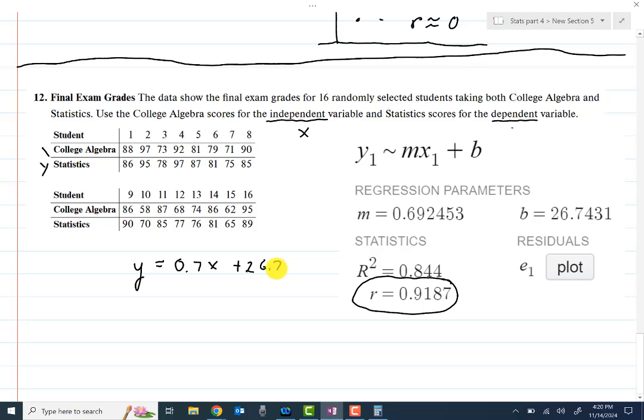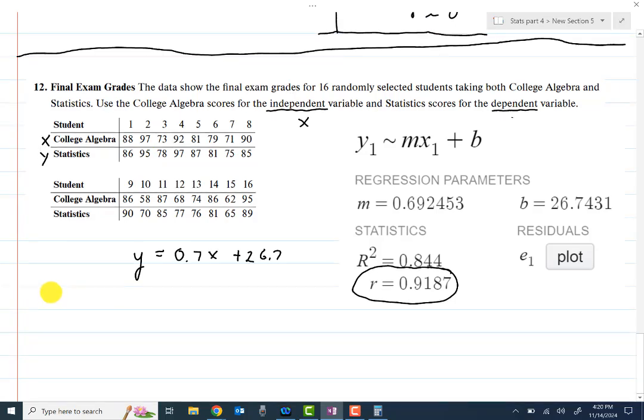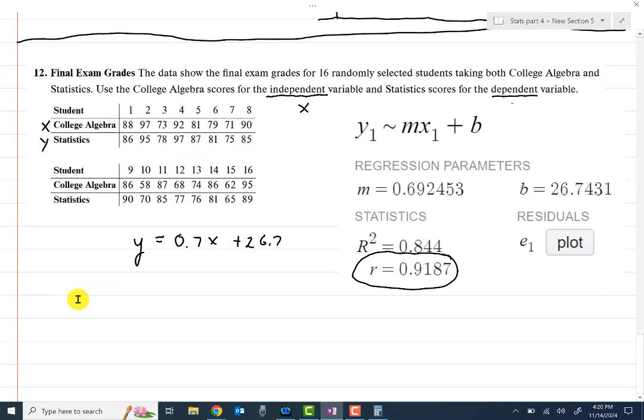So then let's make a guess. The college algebra were the x values, and the statistics were the y values. So let's pick an x value. Let's see, the highest score for x was a 90. Let's do 95.